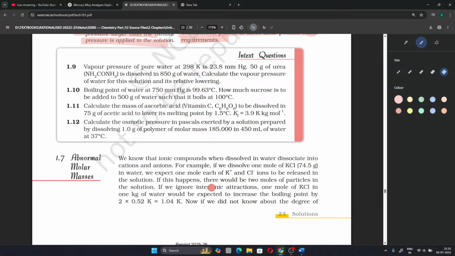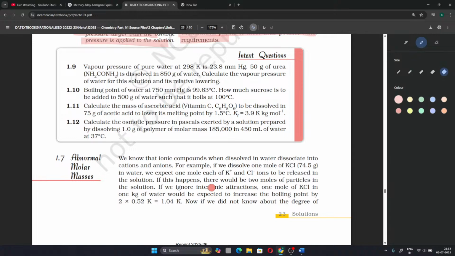Substitute in the formula and you will get the answer. Boiling point of water at 750 mmHg is 99.63 Celsius. How much sucrose is to be added to 500 gram of water such that it boils at 100 degrees Celsius? This is also the elevation in boiling point.